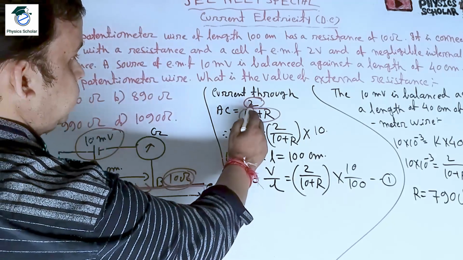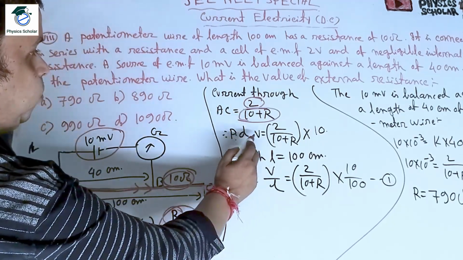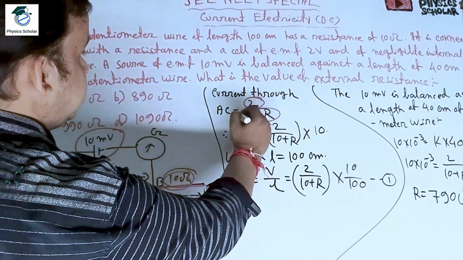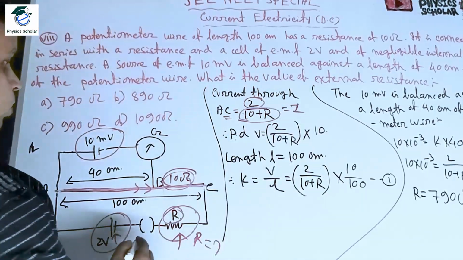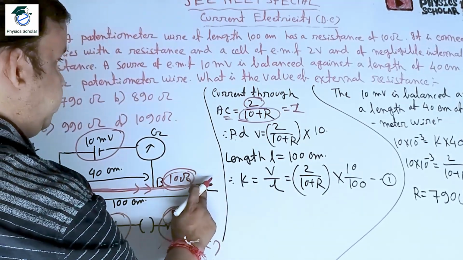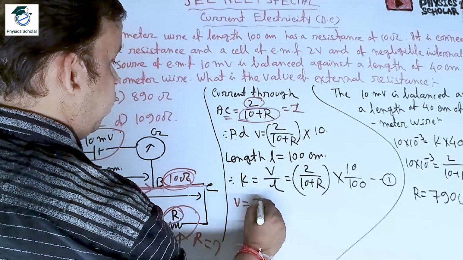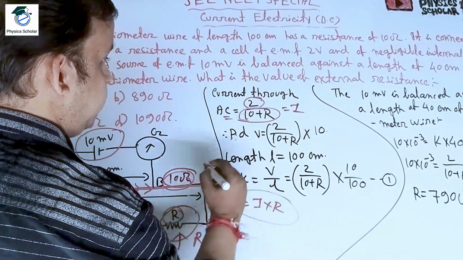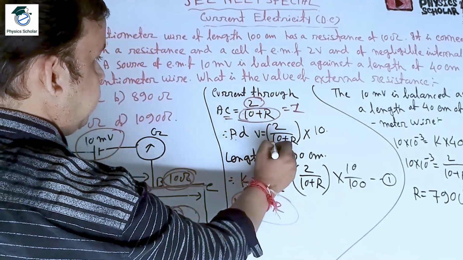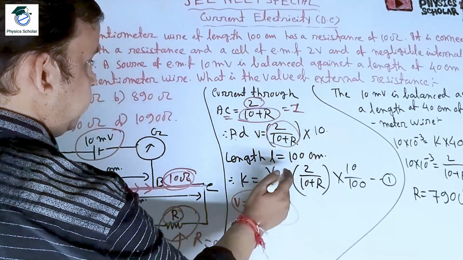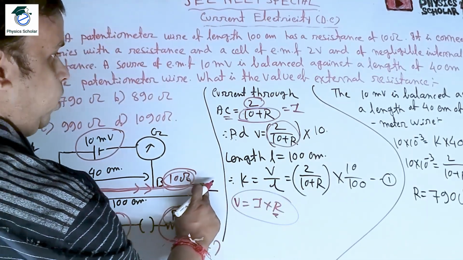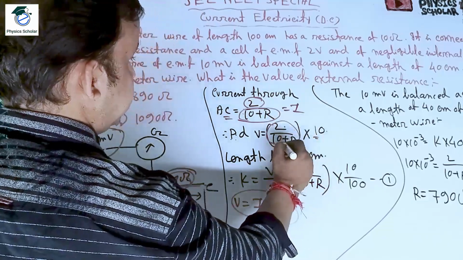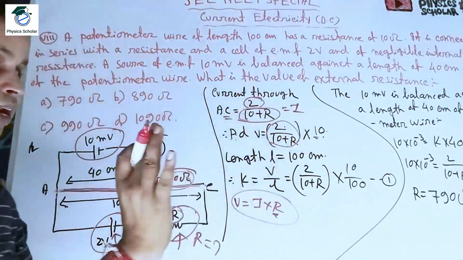That means 2 divided by 10 plus R. That is the current I. So potential difference across AC is V equal to I into R. That is the formula. What is the value of I? 2 by 10 plus R. And the resistance of this wire is 10 ohms. So V is 2 by 10 plus R into 10. Clear up to this?